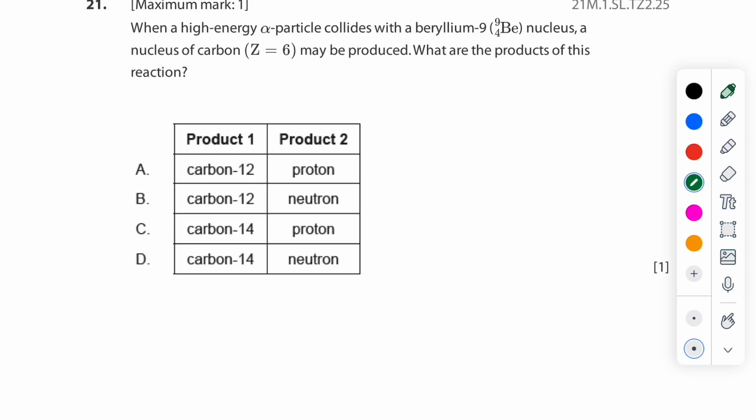Let's write 2He4 plus beryllium 4, 9 gives rise to carbon, and an unknown X, a blank over here.